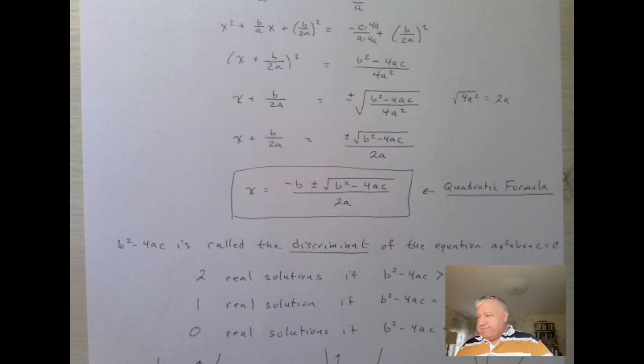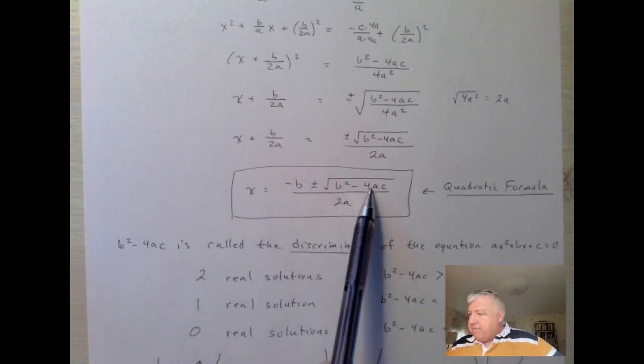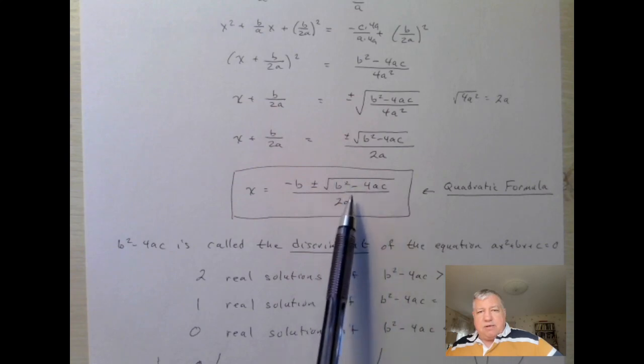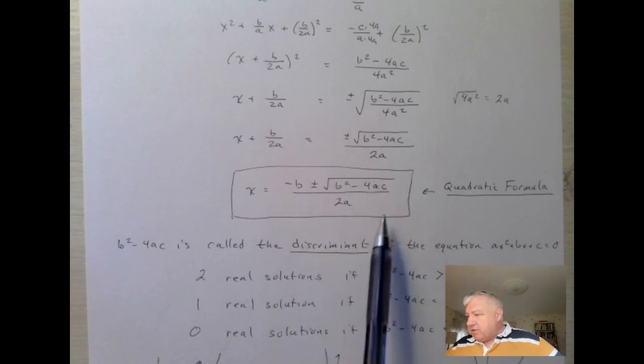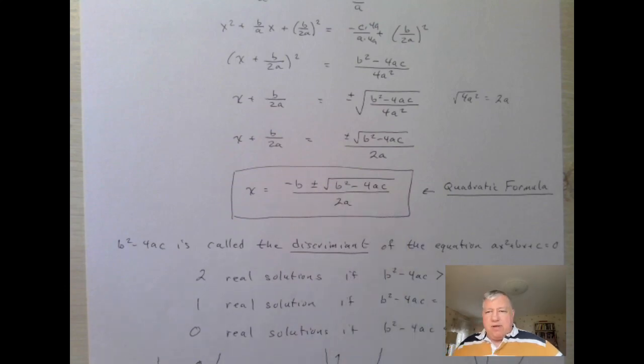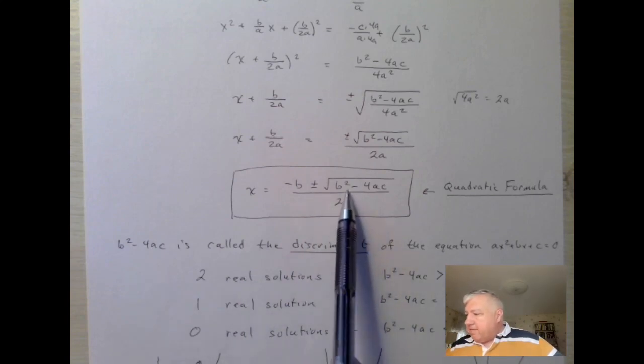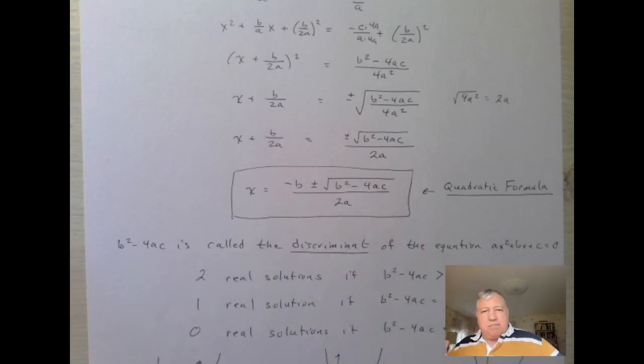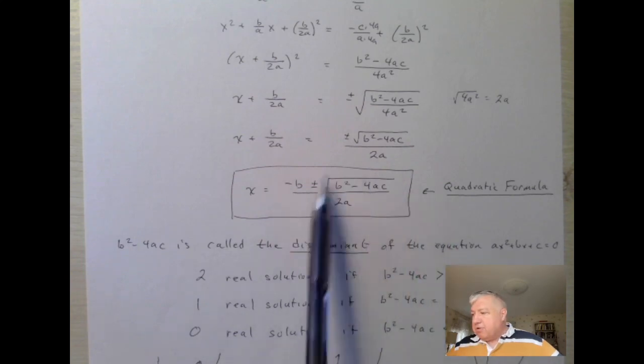Now notice that we have this quantity here, b squared minus 4ac. That tells us something, because if the number under the square root is negative, then this doesn't make any sense. This is undefined, and there would be no solution. If b squared minus 4ac is a positive number, then there would be two solutions.